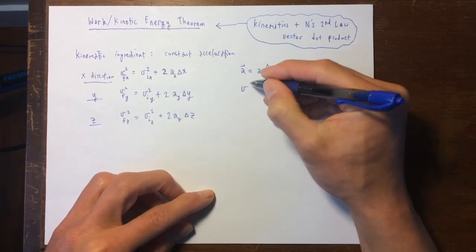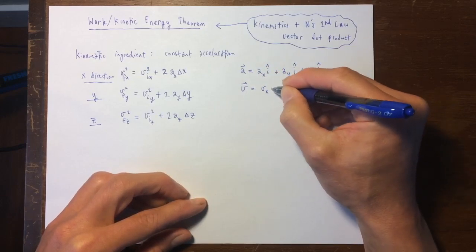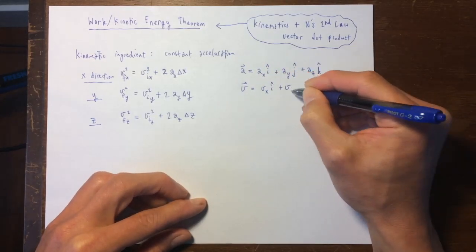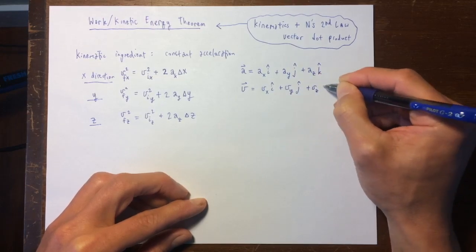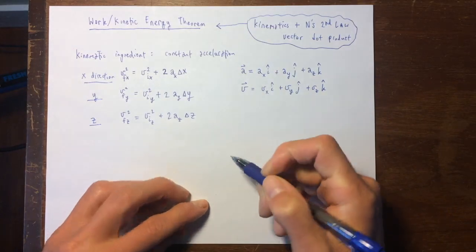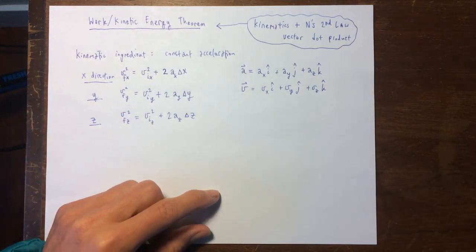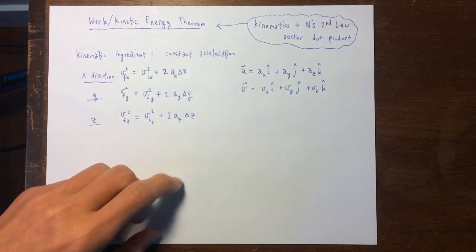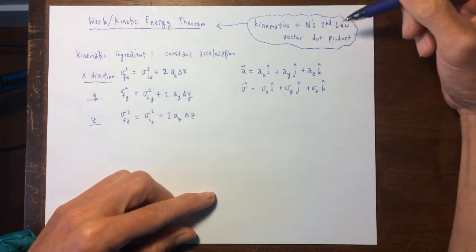And the velocity similarly. So there is a velocity, it's vx i hat plus vy j hat plus vz k hat. No big deal. That's the velocities. So let me just show you something real quick. So let's use the vector dot product.